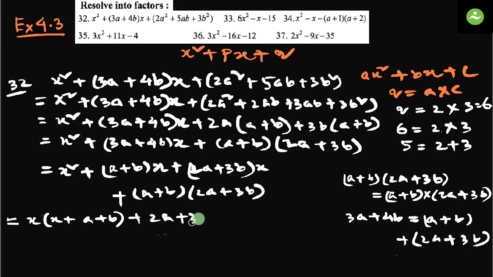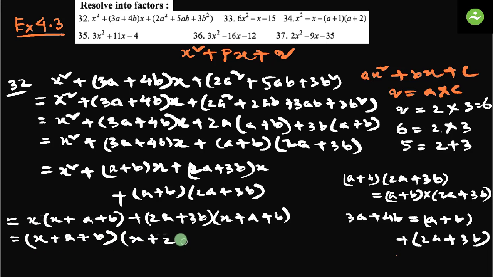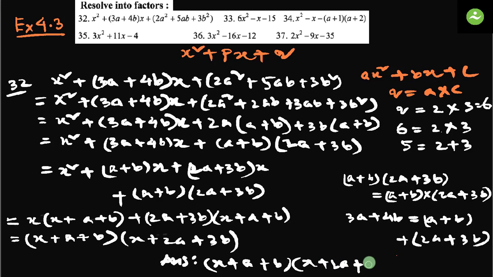We take common, what we get? (x plus a plus b) equals (x plus a plus b) common, so (x plus a plus b) into (x plus 2a plus 3b), and that is the answer. x plus a plus b into x plus 2a plus 3b.